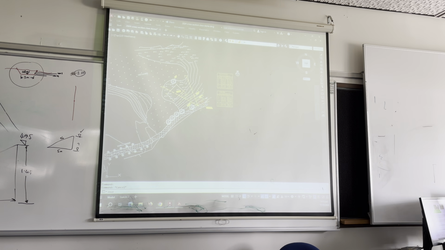I'm going to copy that 2 times, 1 to there and 1 to there. I'll move that long section out of the road, what we drew last time. Move that along a little bit.